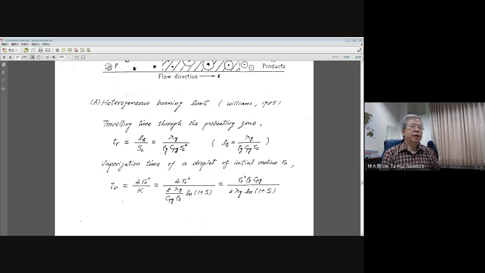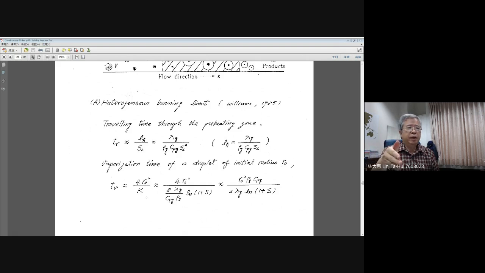The definition is if the evaporation time is larger than the traveling time. That means that when the droplet passes through the preheating zone, because they need a longer evaporation time, then they will have droplet burning or evaporation in the back of the premixed flame, right?